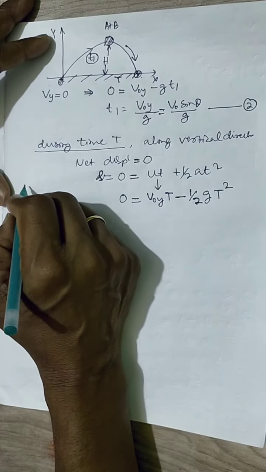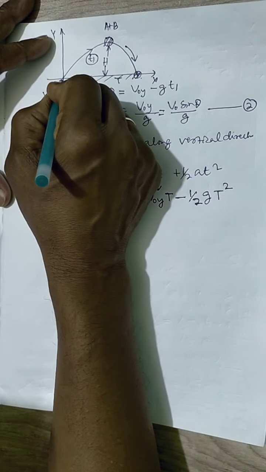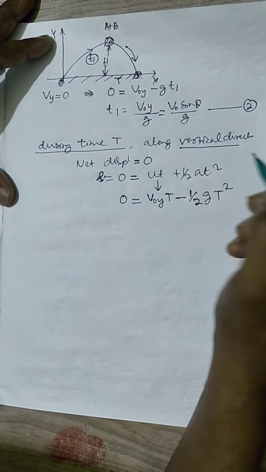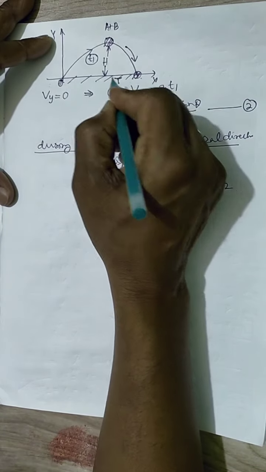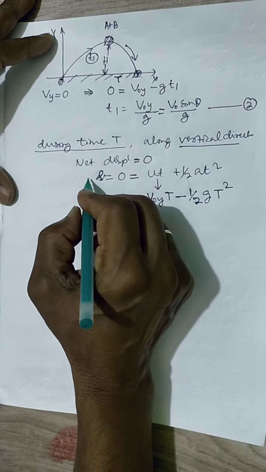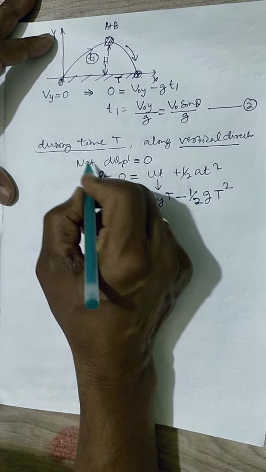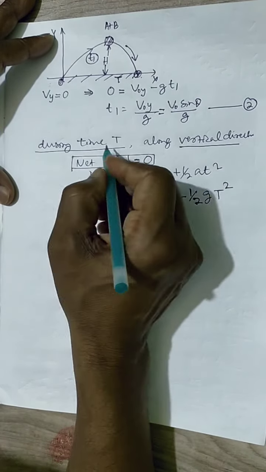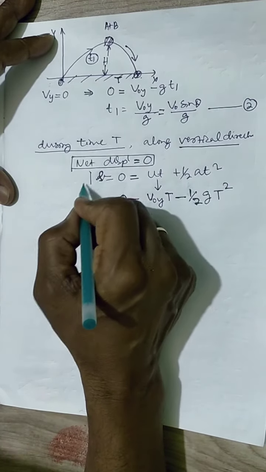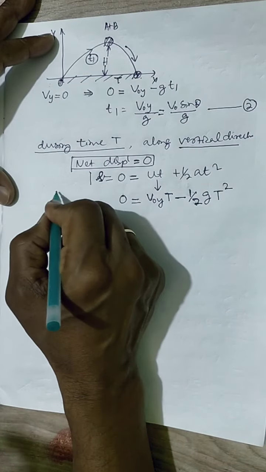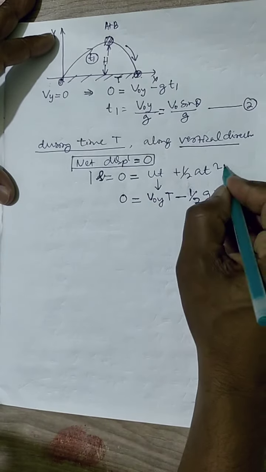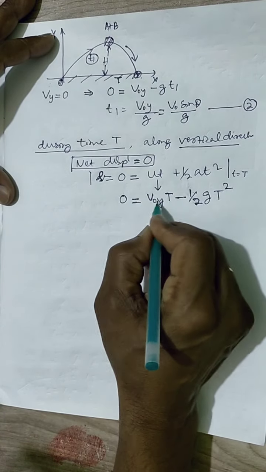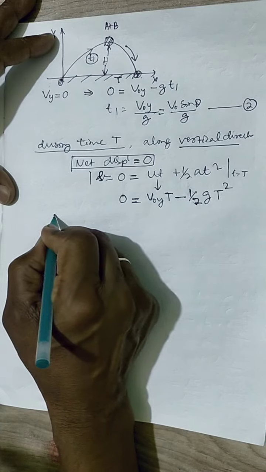That means when an object has left the ground, when you consider its vertical motion, after a certain time t, what is the displacement? We find the net displacement is 0 after time t. Using this, we find 0 is equal to v0y t minus half g t square.